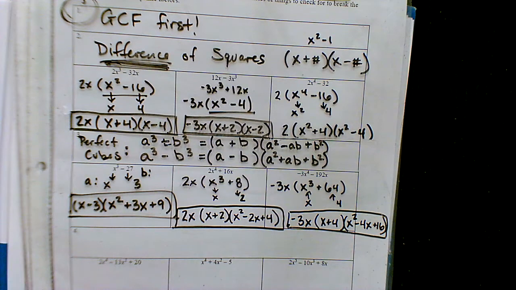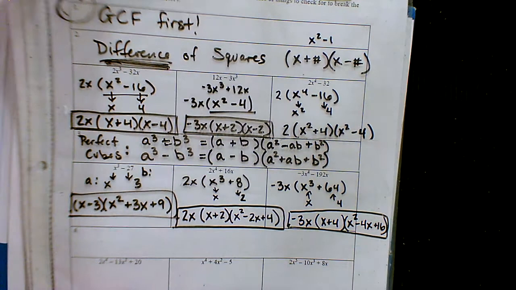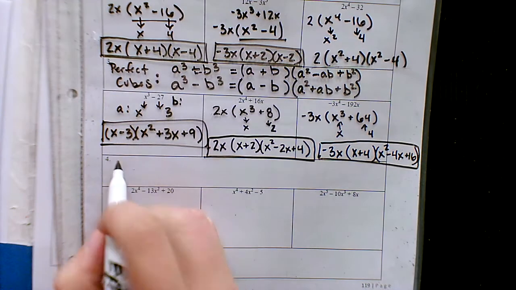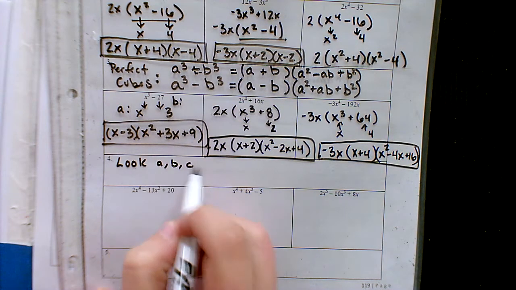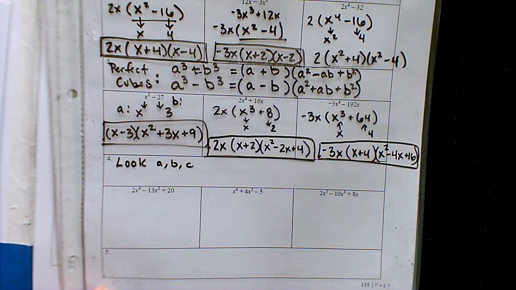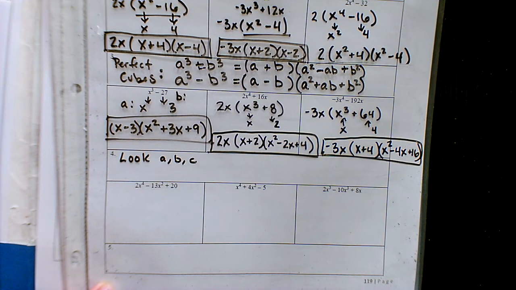Another technique that we talked about towards the beginning of the year is where we had to look at the A, B, and C values. Depending on what the A value was, if it was something other than 1, for instance, in this next example, notice how it's 2, we might have to try a different technique or something a little bit more advanced.